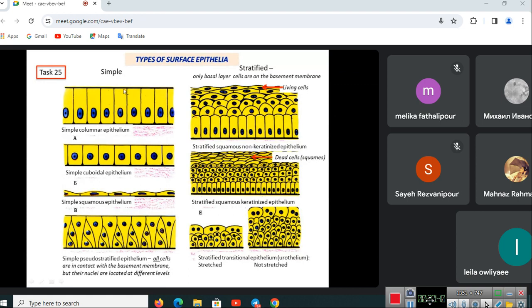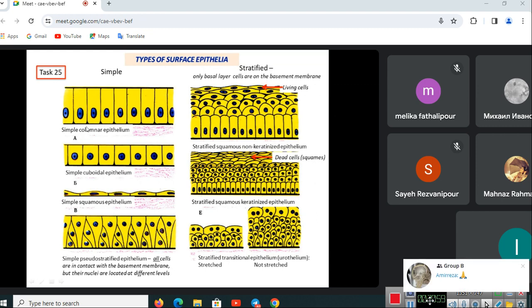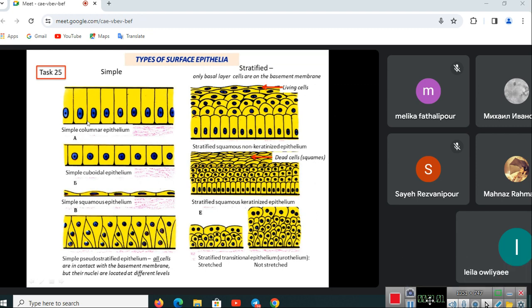So they are elongated and they have elongated nuclei, which are oval and kind of standing. Columnar means the shape of these cells, which are like columns. Another name for this epithelium is prismatic, because in three-dimensional picture, these cells are like prisms.